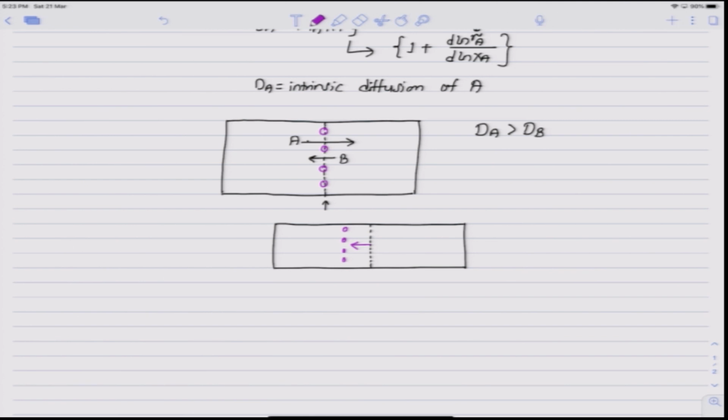Now, if we measure the diffusion flux with respect to a frame of reference which is fixed to the Matano plane, that is the plane which we found as initial contact plane, the flux would be different than if we measure the flux with respect to the frame of reference which is stuck to this marker plane.